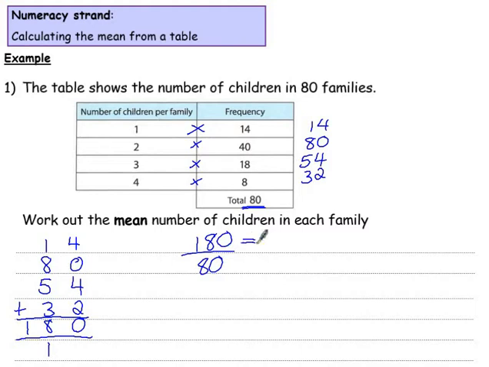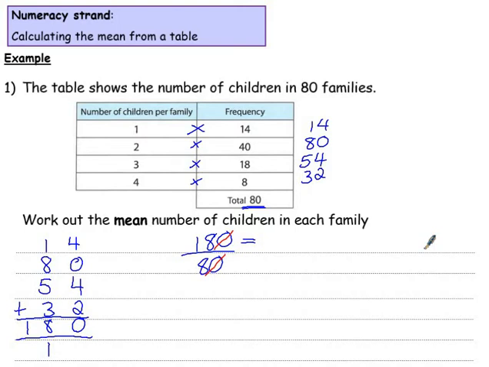Now to divide 180 by 80, it's going to be quite difficult to do. There are some things we can do to make it a bit easier. Because they both end in zeros, the zeros can cancel if we divide them both by 10. So then we've only got to work out 18 divided by 8.